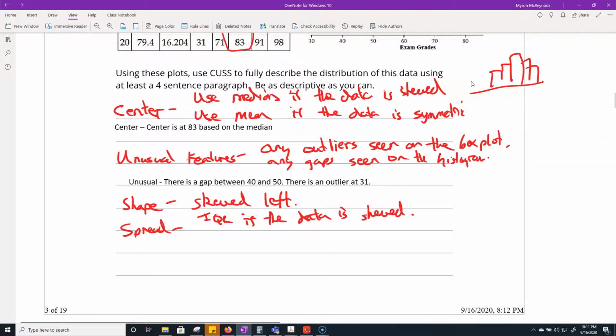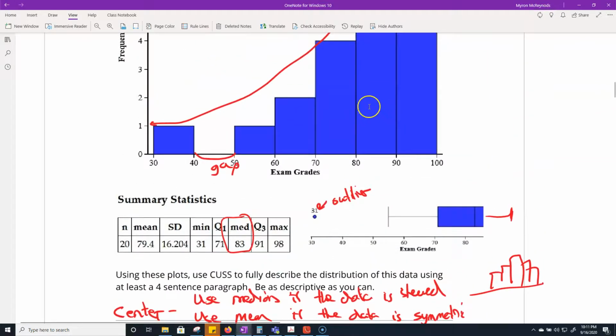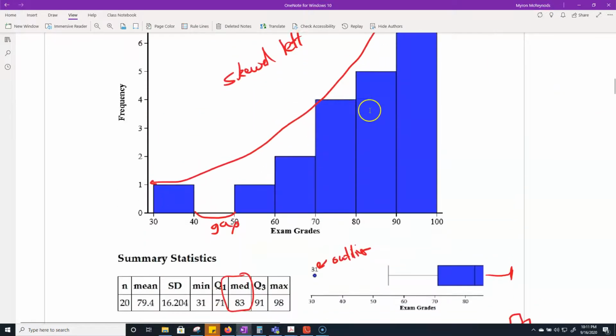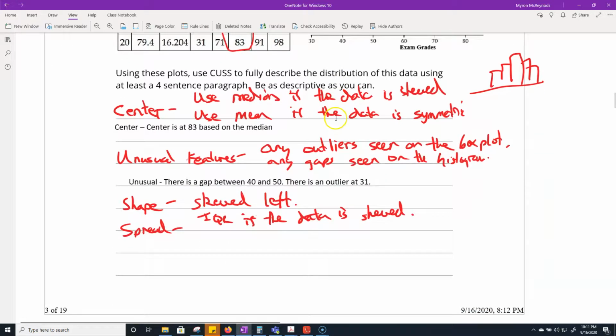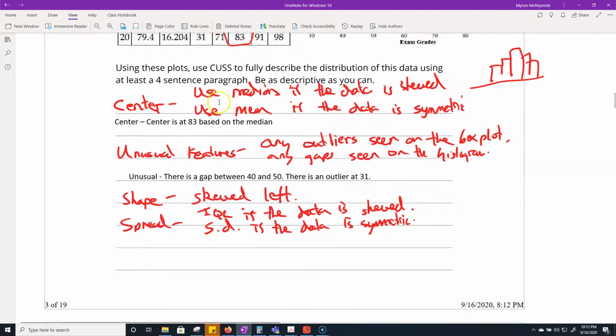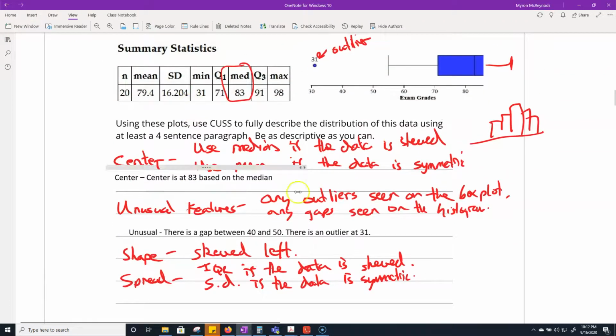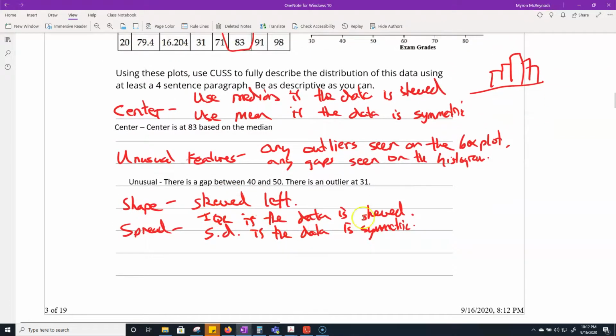So you'll use IQR if you have skewed data like this, because if data is skewed, it messes up the standard deviation, and you have to use IQR. And you're going to use standard deviation if the data is symmetric. So for this particular problem, we are going to use the IQR because the data is skewed.